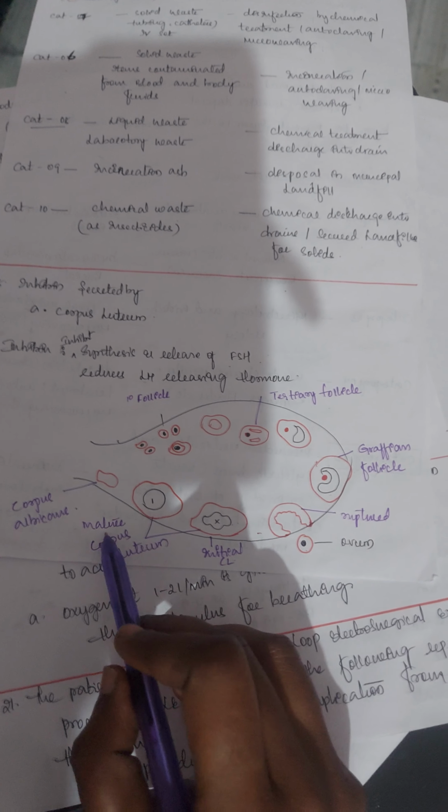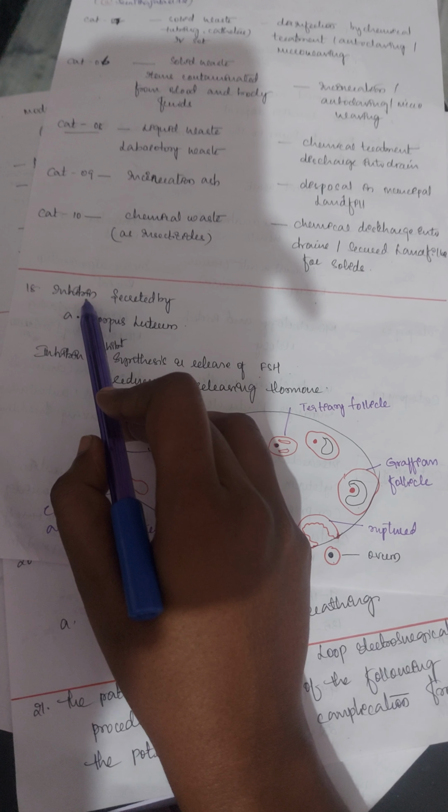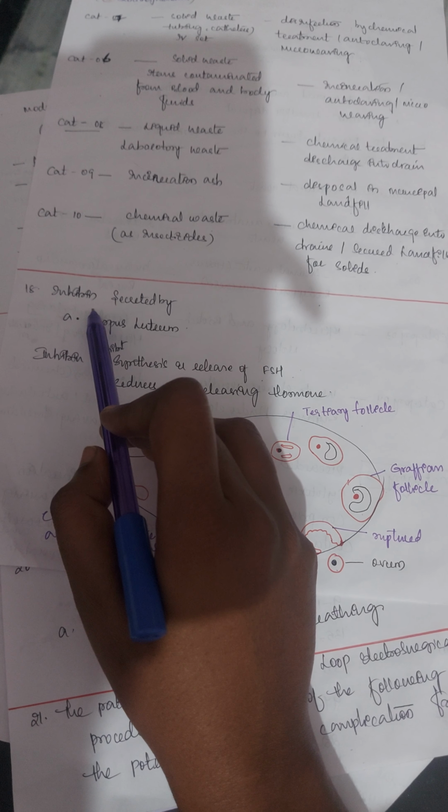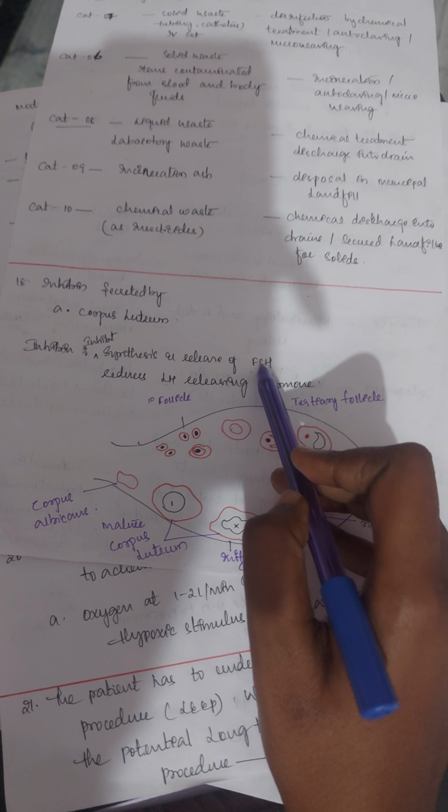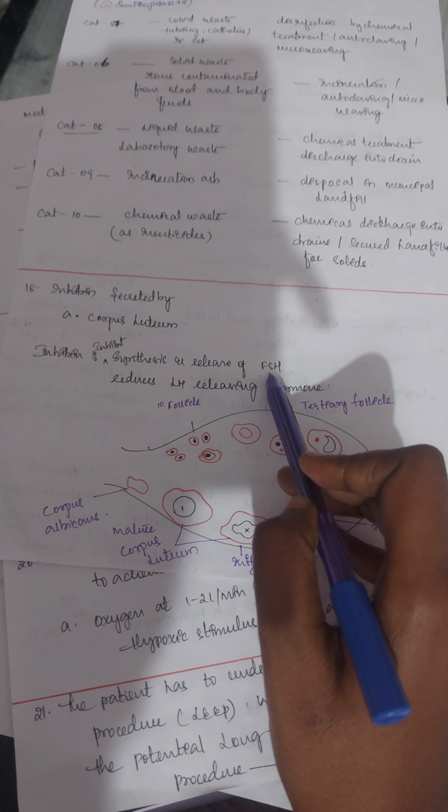Okay, so this corpus luteum secretes the inhibin hormone. So what is the purpose of this inhibin hormone? It stops the follicular stimulating hormone. Why? What is the role of follicular stimulating hormone? All these processes are under the control of this follicular stimulating hormone.